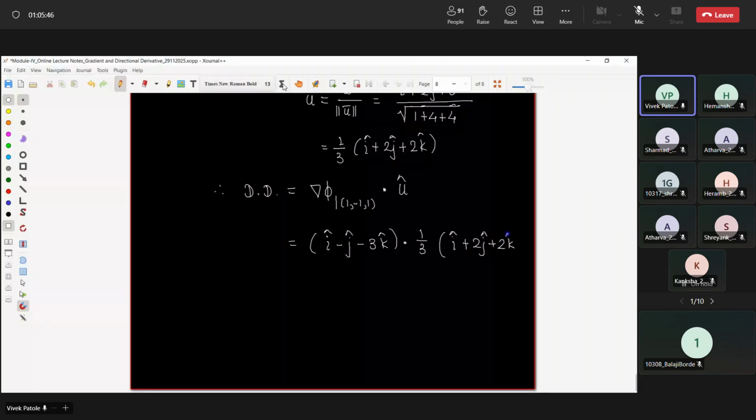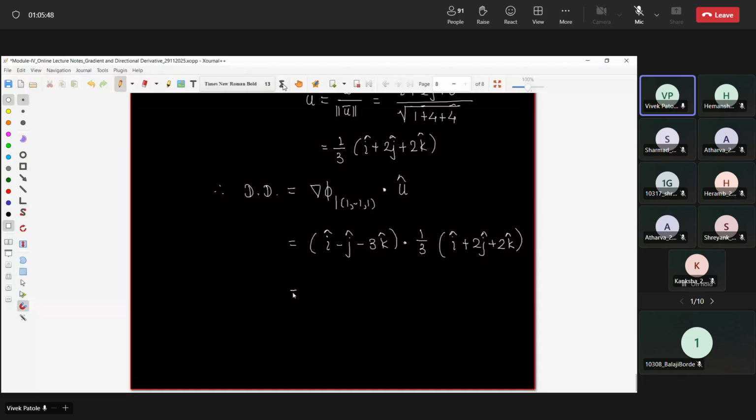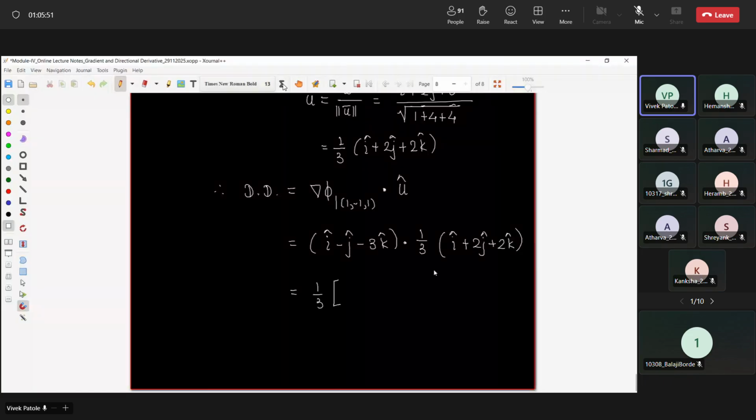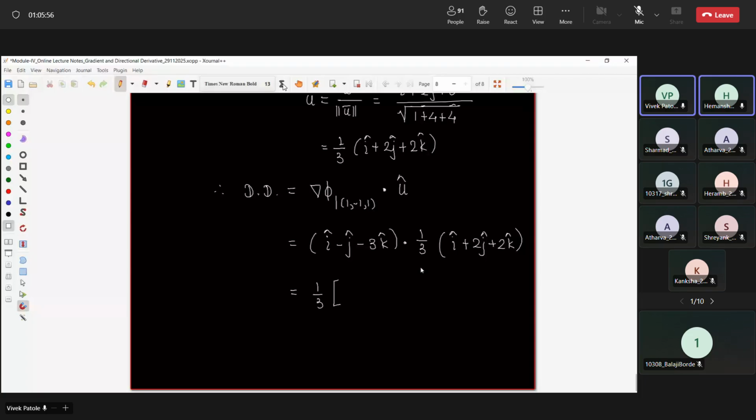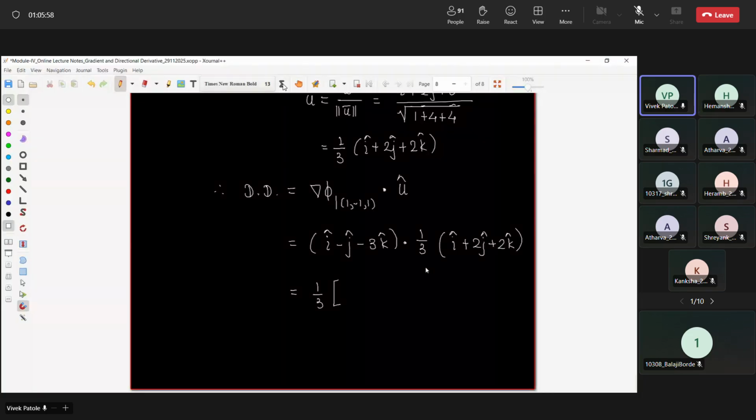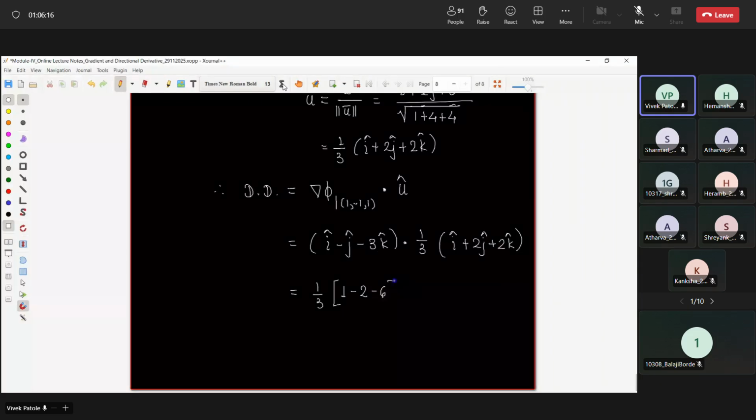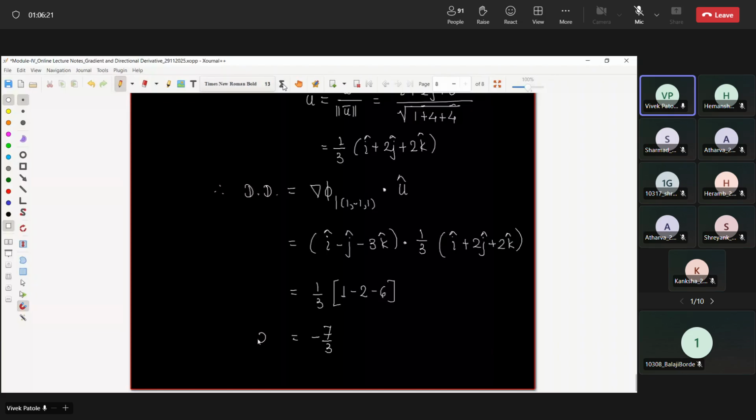Take the dot product; 1 by 3 is a scalar, so take it outside and evaluate the dot product component-wise. Multiply coefficients of i, then j, then k. So it will be 1 into 1, 1, then minus 1 into 2, which is minus 2, plus minus 3 into 2, which is minus 6. Minus 8 plus 1 is minus 7. So this will be minus 7 by 3.